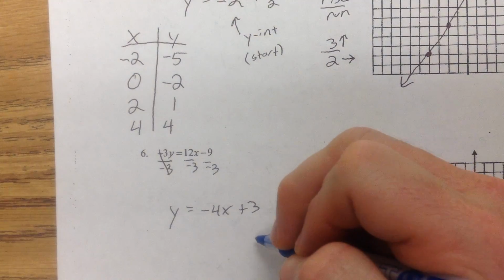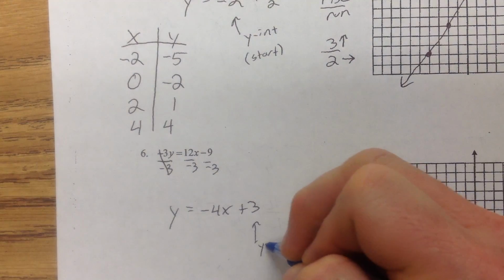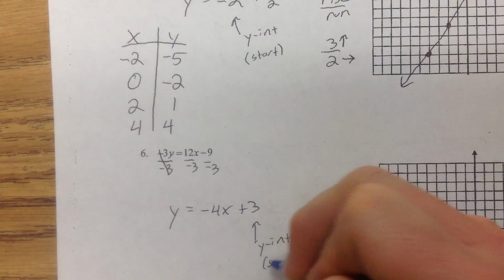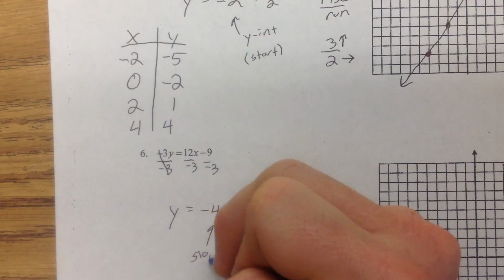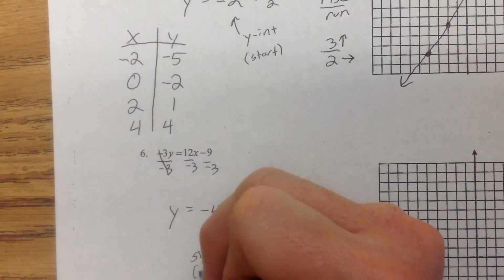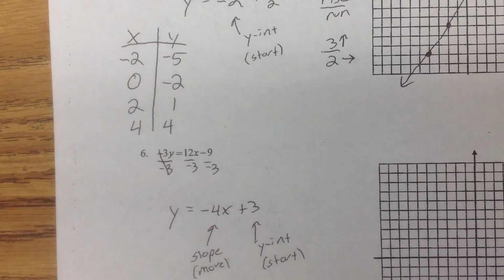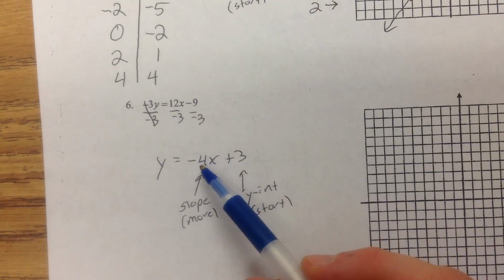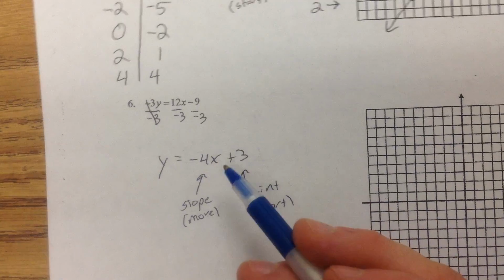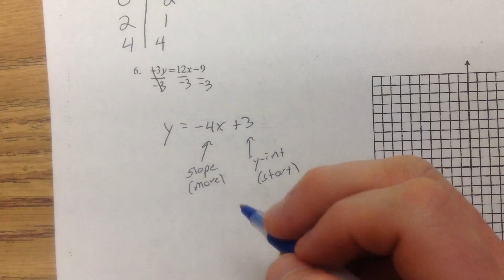So here's our y-intercept, which again is where we start. And here is our slope, which is how we move. Now what can be a little confusing about this one is I said slope is rise over run, but we don't actually have a fraction here. We just have a negative 4. What we can do is turn that into a fraction.